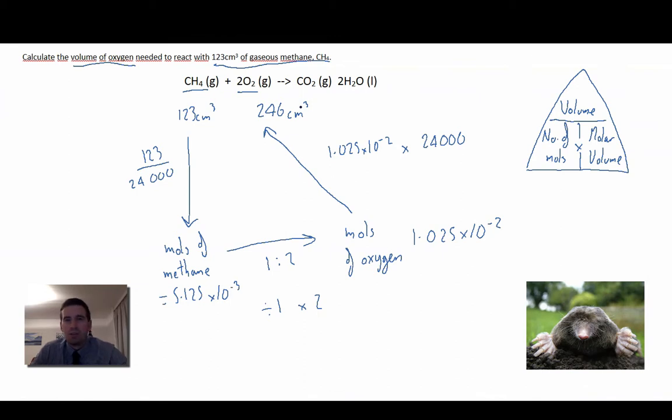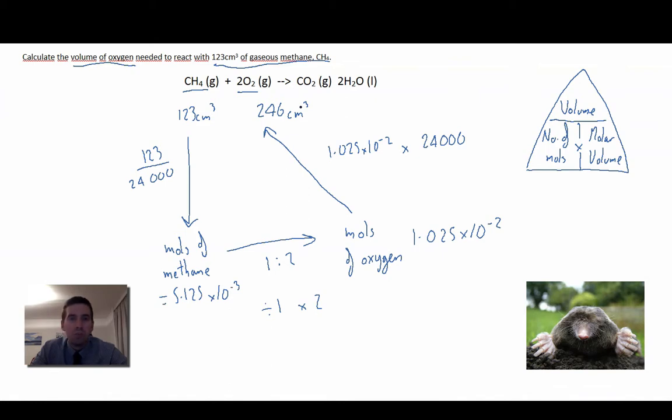Now, hopefully you are looking at the volume we started with and the volume we ended up with, and you are seeing a pattern. Because the molar volume of a gas is the same for every gas, you don't really need to do the whole cycle for this type of problem. We had a 1 to 2 ratio between the number of moles of methane and oxygen.